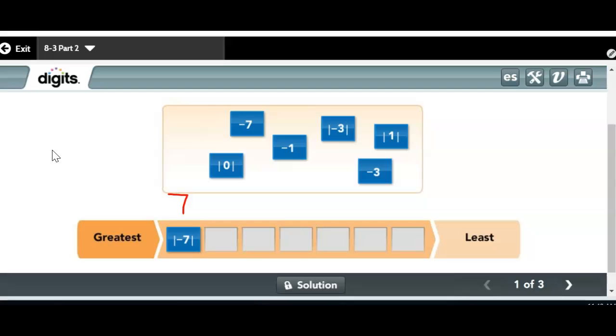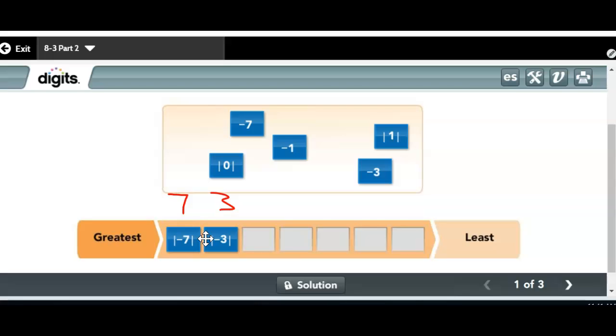Okay, looking at it, we have -7, absolute value of 0, -1, absolute value of -3, 1, absolute value of 1, -3. Skylar? 7. Where do you see 7? This is -7. Okay, Melody? Good. The absolute value of -3. What is the absolute value of -3? All together? 3.